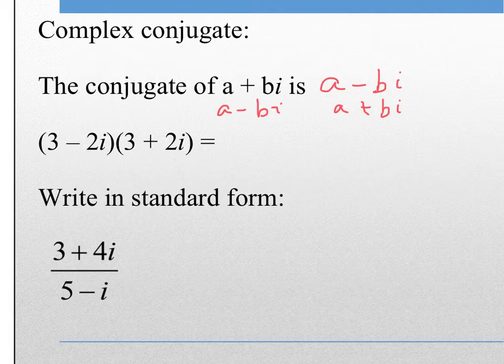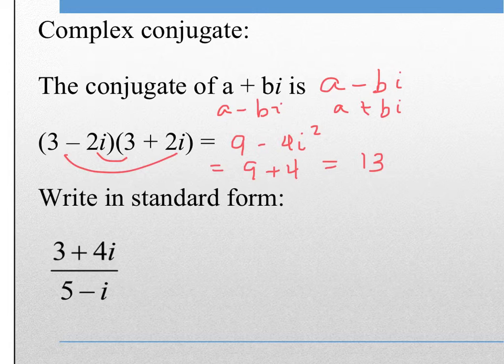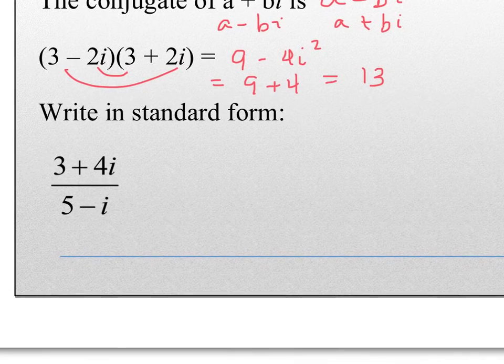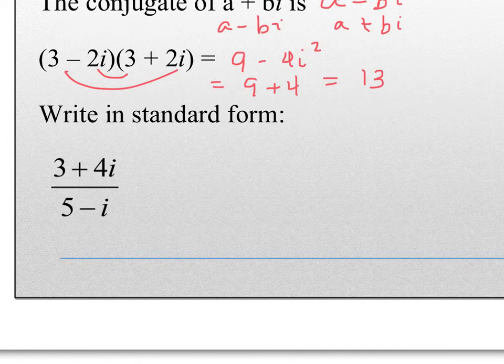When you multiply them, 9, okay, the inside and the outside cancel, so we don't even need to do that. Minus 4i squared. i squared changes the sign to a positive, and that is 13. So what this gives us the ability to do is to write this in standard form, but with a rational denominator.